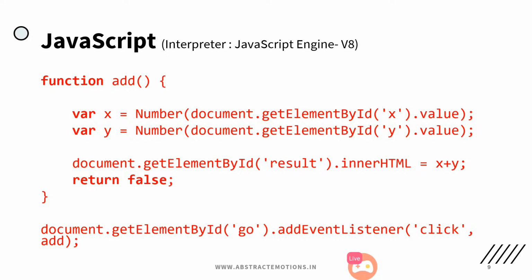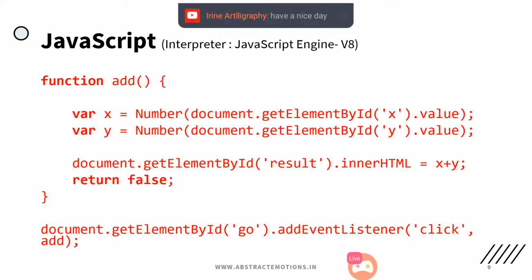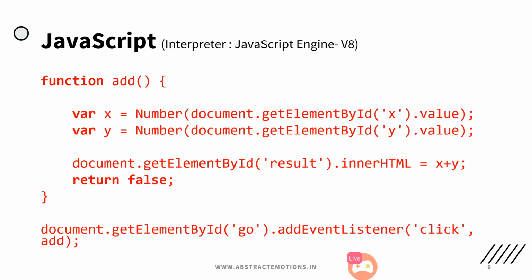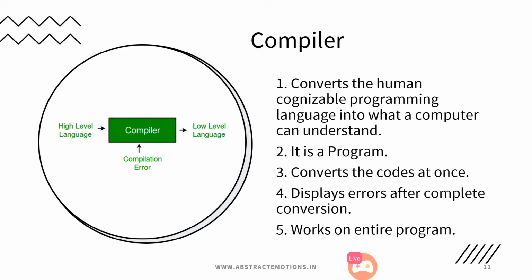A compiler is also a program that checks whether the code has been written correctly or not. Then we move on to the most important part, because without it nobody can write code. The compiler converts the human-understandable programming language into what a computer can understand.